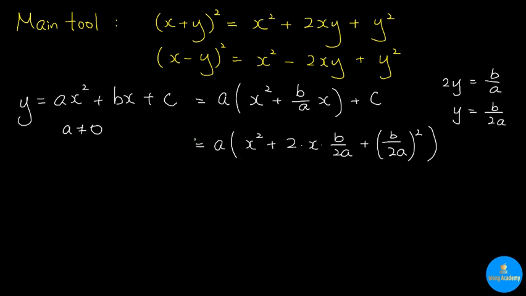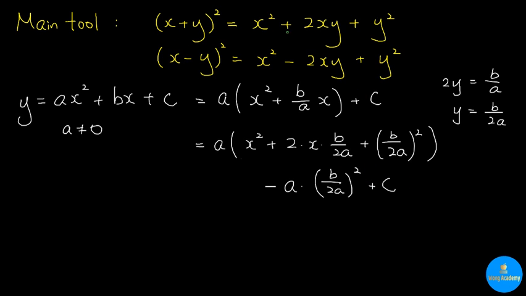However, this is an equality, so if we add an extra term, we are changing the value. We have to balance it out by subtracting a times b over 2a squared, so that this term and this term will cancel. Lastly, we also need to do plus c, so that the constant is preserved.